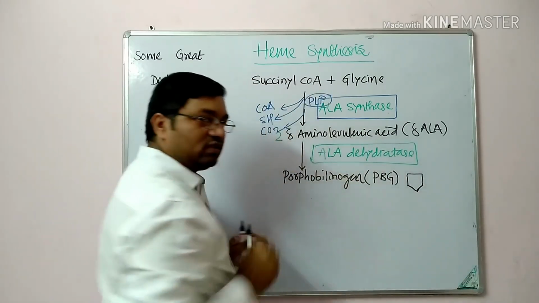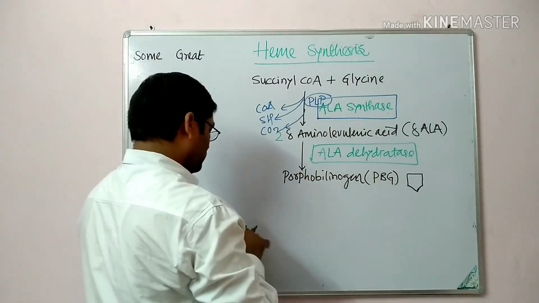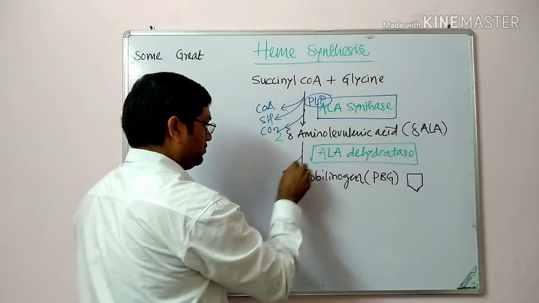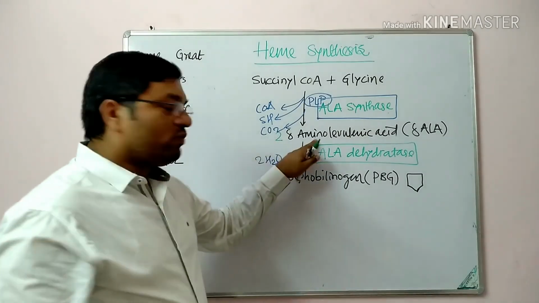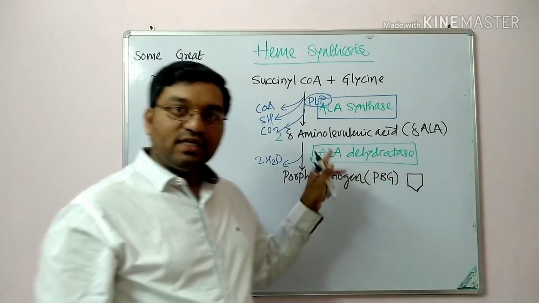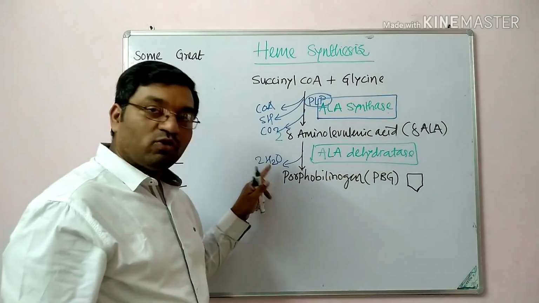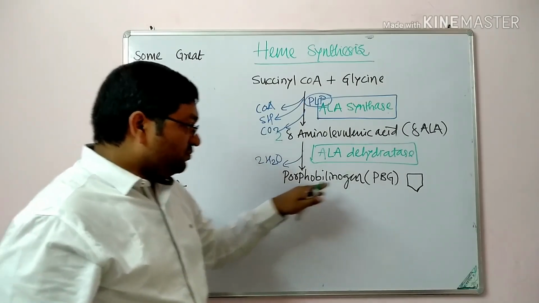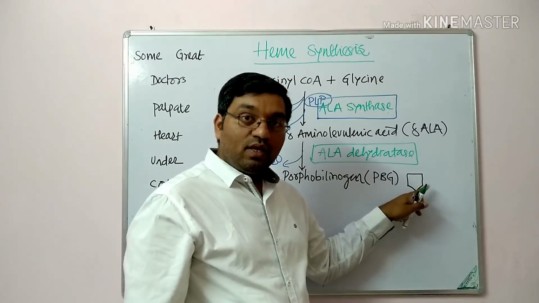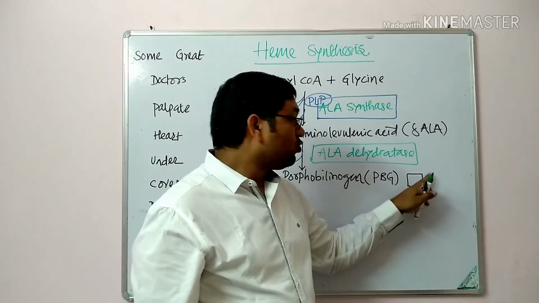There is dehydration, with removal of two water molecules. Two molecules of delta aminolevulinic acid condense with the removal of H2O, two molecules of H2O, and give porphobilinogen. Here is the formation of a pyrrole ring, or it is considered as a monopyrrole.